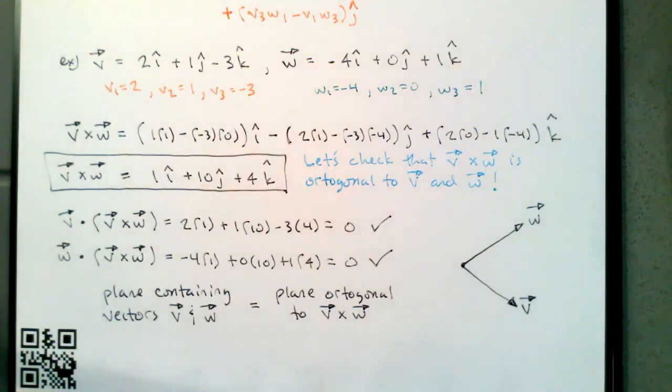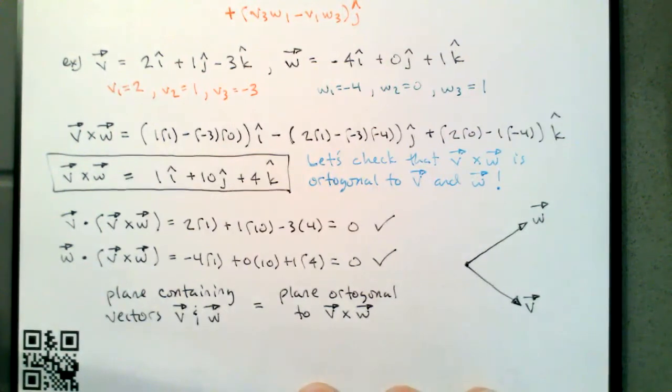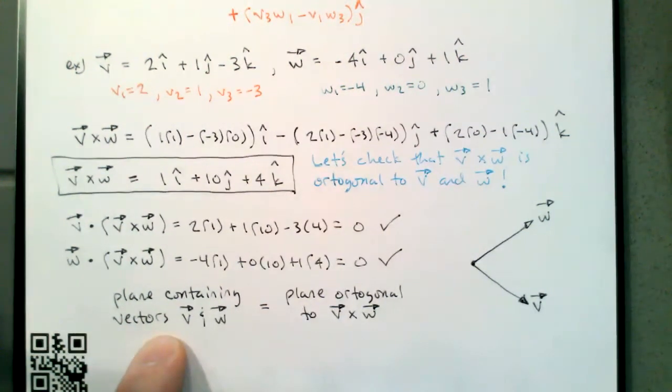So the paper is the plane containing v and w. So one way to describe this plane is to say, consider the plane containing the vectors v and w, using those two vectors to describe the plane.